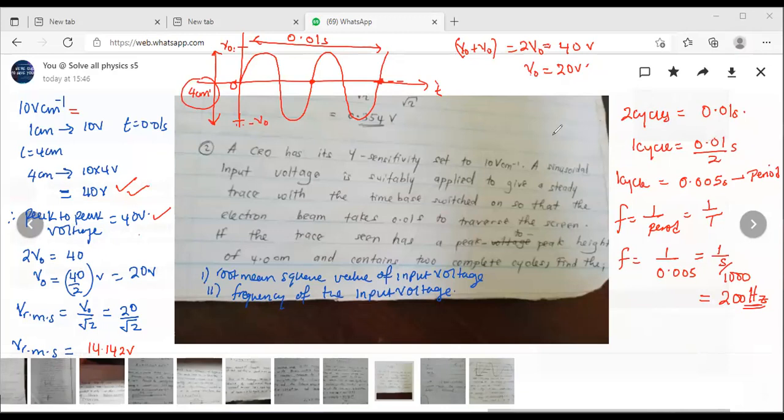Of course, the amplitude they're asking for is the peak value. I know, you are thinking very hard.